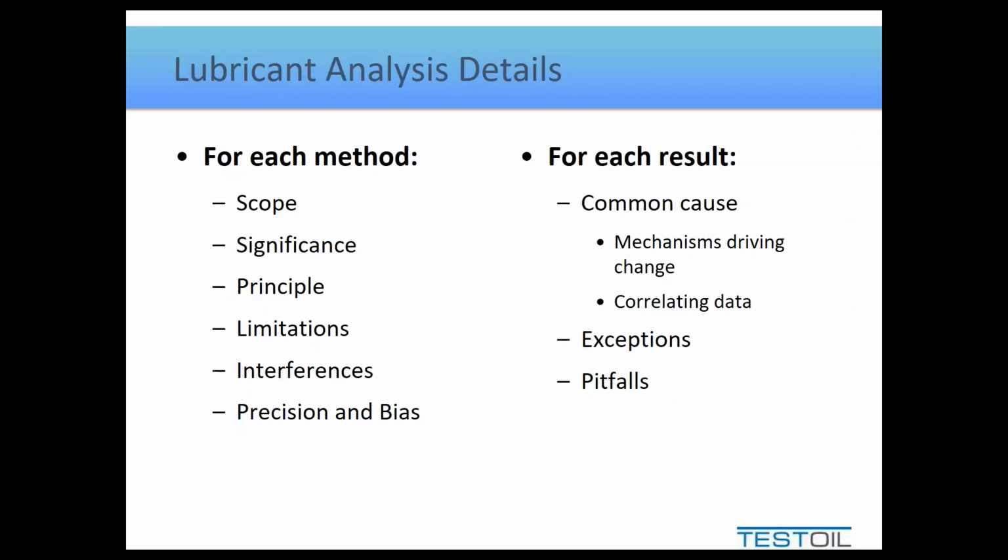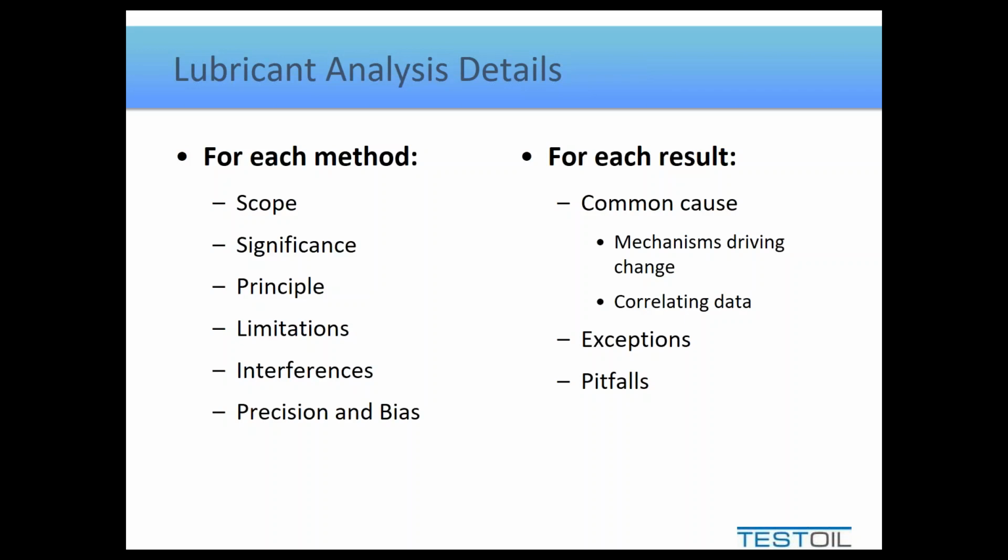As I explain each and every test, I will go over the scope and significance, generally quoting directly from the ASTM method so you understand what is the test supposed to be telling you and how is that relevant to the oil sample. After that, I'll give a brief explanation in layman's terms of the principle of the test, so that you understand how it's performed, which helps us understand what limitations and interferences the test may have.